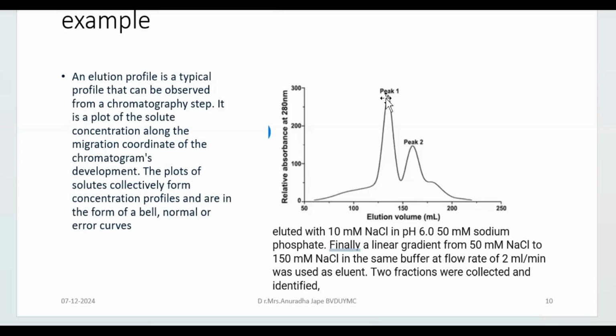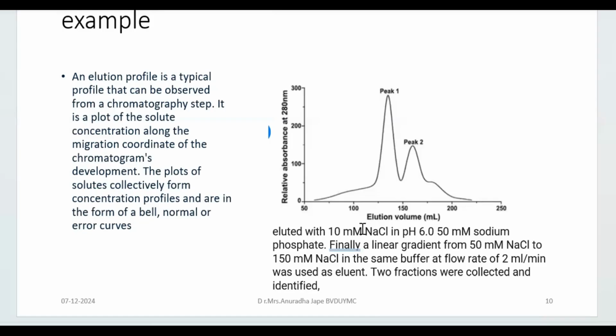The first peak is matching at about 280 nanometers. So an analyte which absorbs at 280 nanometers is in the first peak. At the second peak, it is the analyte absorbing highest at around 130 or 135 nanometers. So these are two different analytes having different absorption maxima, right? So this is how you will get the chromatogram.